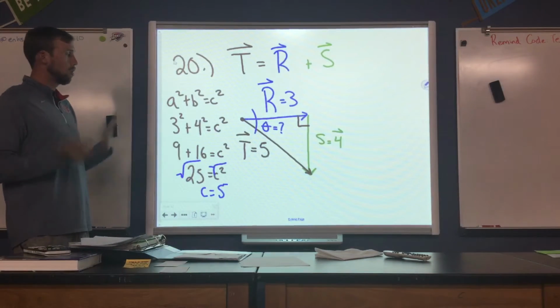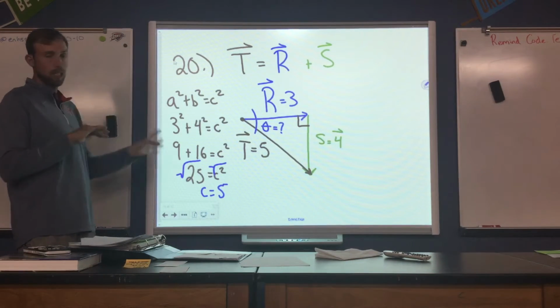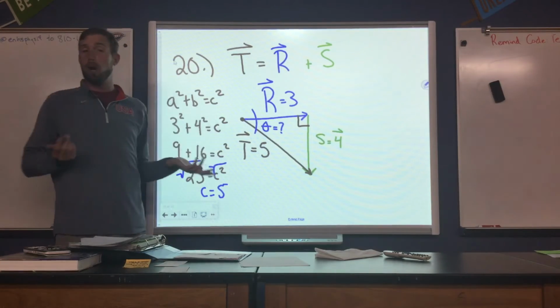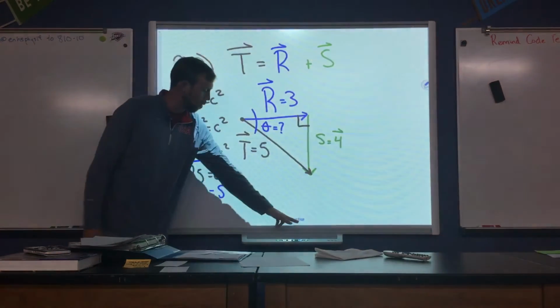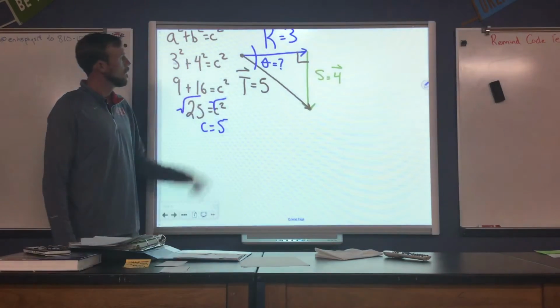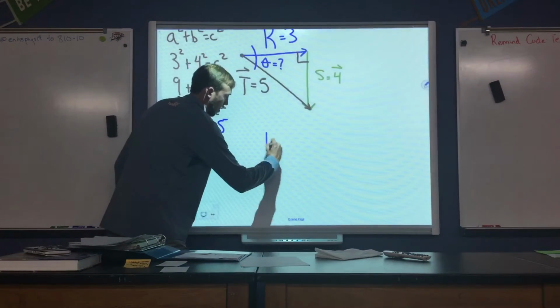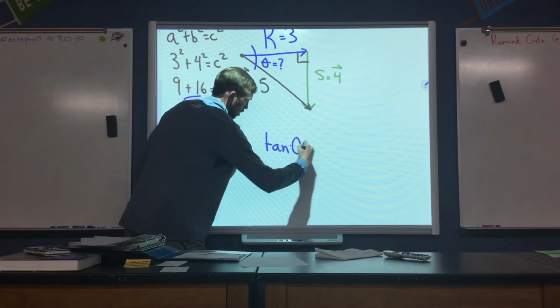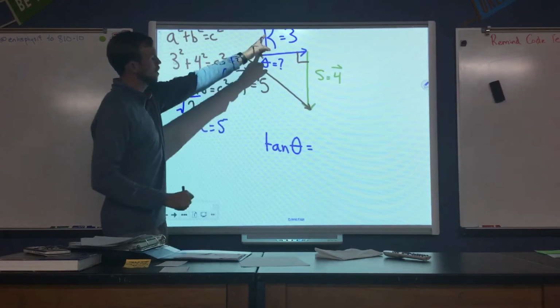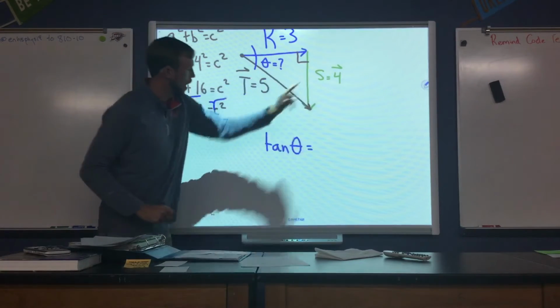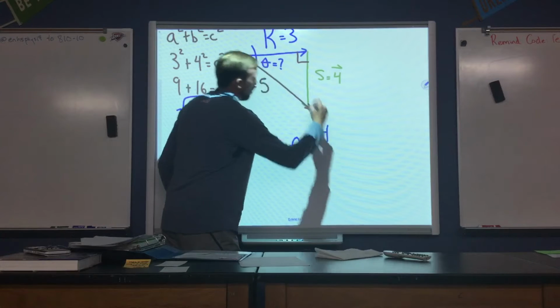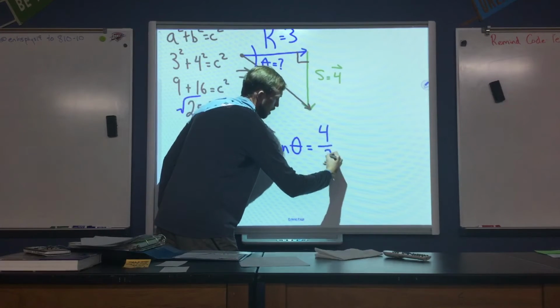Here we can really use any function that we want, tangent, sine, cosine, because we know all of our sides. As I mentioned before, my typical default is tangent. So I'll go with tangent of our angle theta is equal to opposite over adjacent. The opposite of our angle is side 4. Adjacent is side 3.